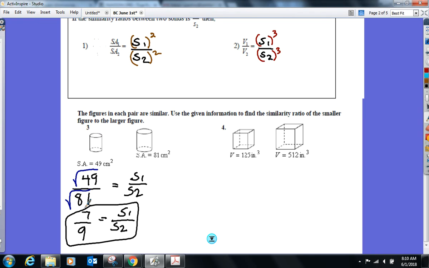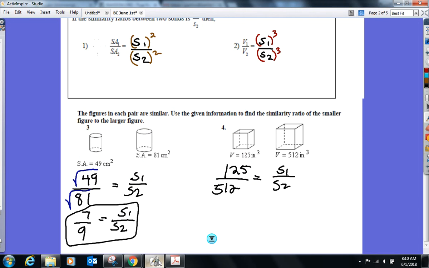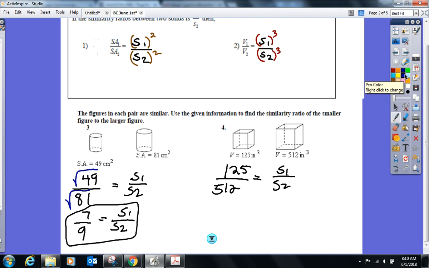All good. What about these two prisms here? You know the volume ratio is 125 to 512, but I need to know what the edge ratio is here. What ratio are their edges in? What are you going to do to the 125 and 512? Cube root them.